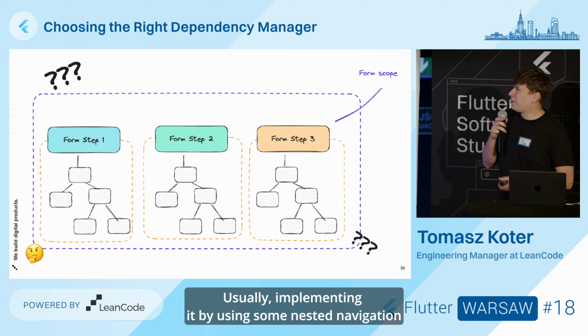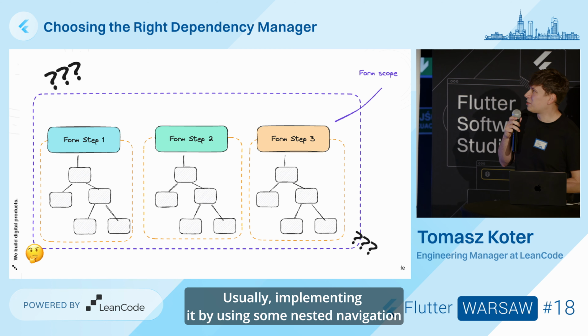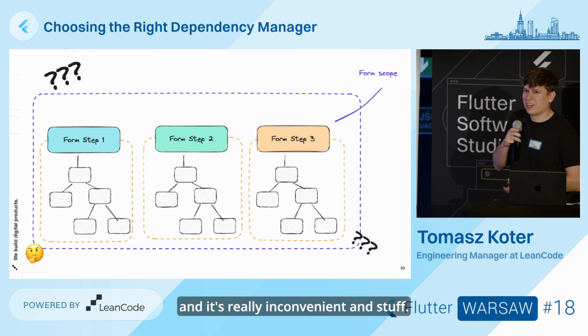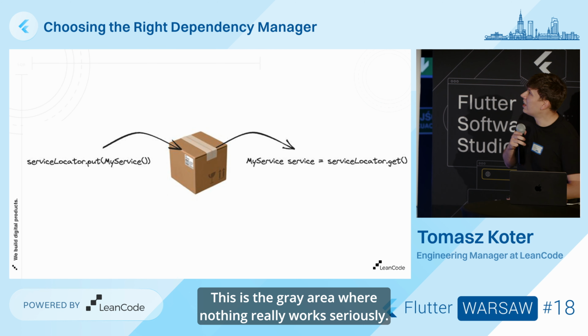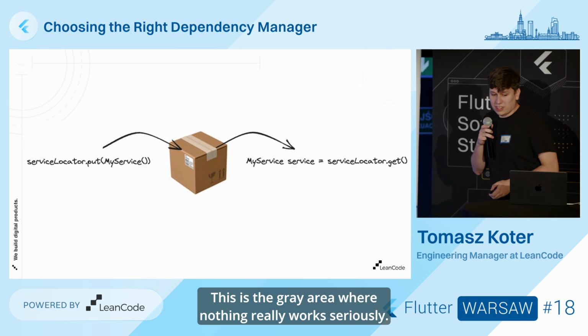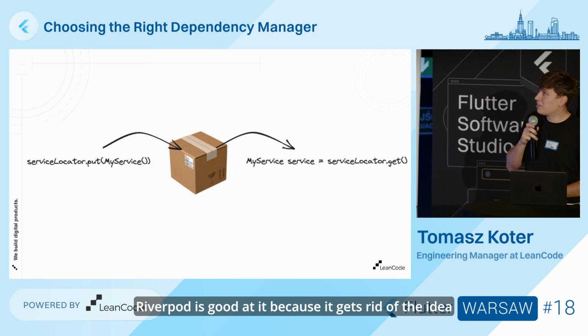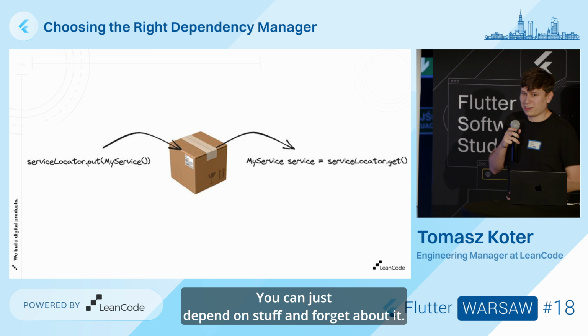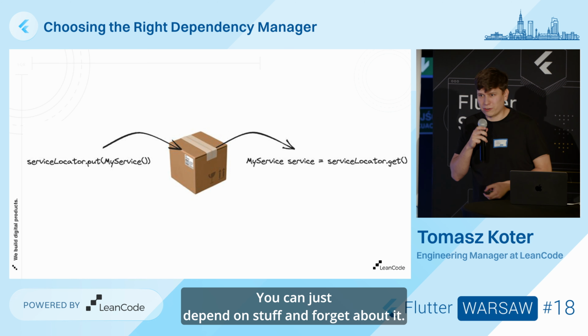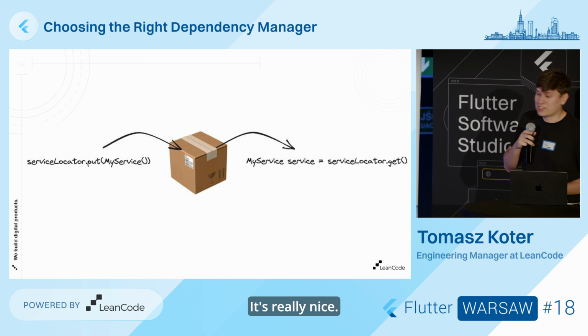You usually implement it using some nested navigation, and it's really inconvenient. This is the gray area where nothing really works seriously. Riverpod is good at it because it gets rid of the idea that you have to have any scopes. You can just depend on stuff and forget about it. So it's really nice. So how does this work?